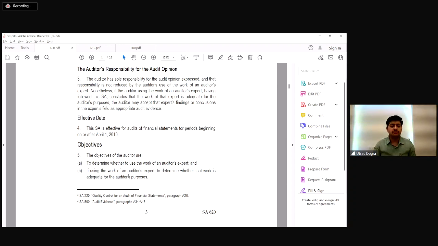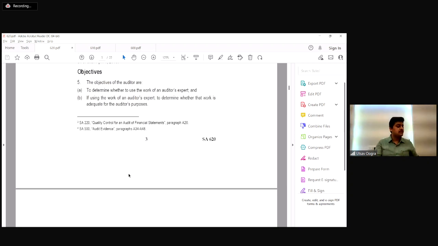It gives comfort to the auditor that his audit plan was correct, the evidence was correct, the assumptions were correct, the proper documentation has been done, and on that basis the auditor's expert has framed his opinion to give a clear picture upon the particular area. Then he can use it, right? The effective date is from 1st April 2010.